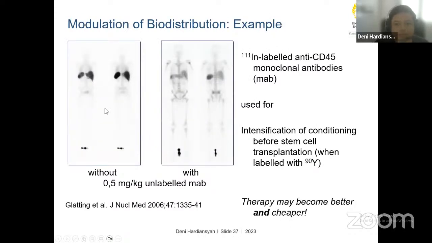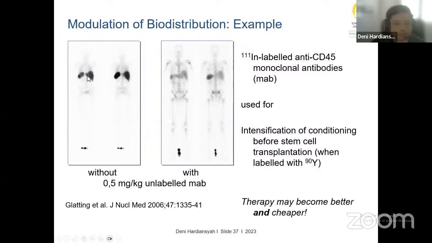So this is one of the examples of how physics can help us improve the protocol in the clinic or hospital. You can see here, without the injection of preloading, the black one shows a high level of the radiopharmaceutical drugs.